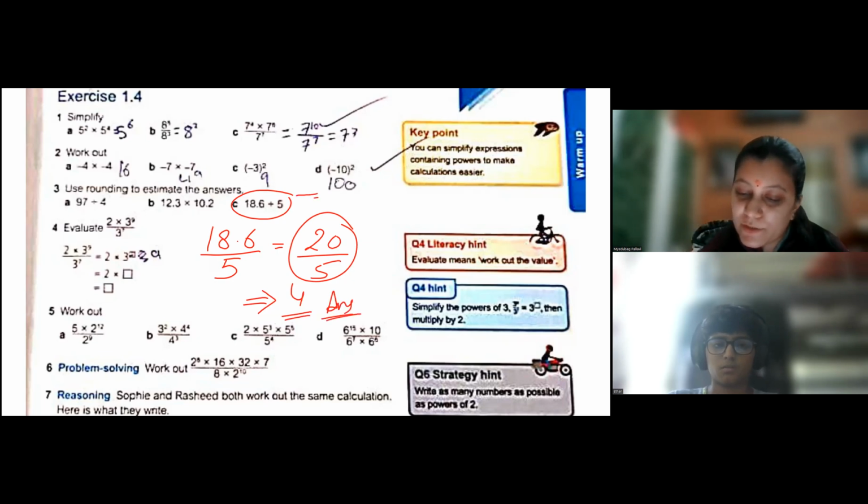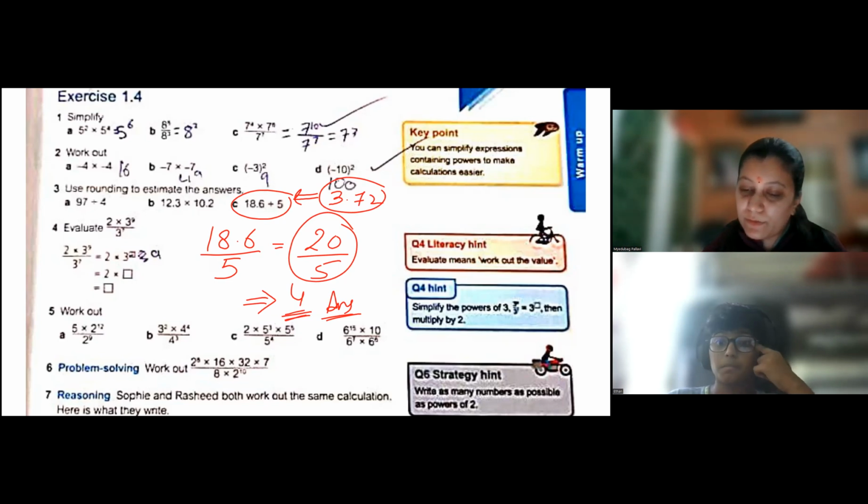And now you can check in your calculator what exact value you get for 18.6 divided by 5. 3.72. See, it's very much closer to 4, isn't it? So this is how we'll work out estimations.